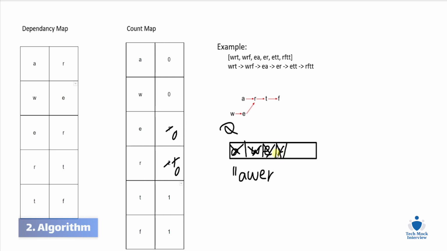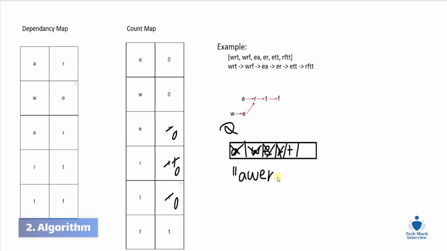And look here, what are our dependencies? It's T. And we have to decrease it again here, and it's 0. We add it to this here, T. And okay, so what is T's dependency? It's F. By the way, sorry, I forgot.